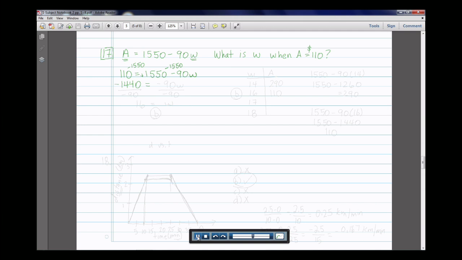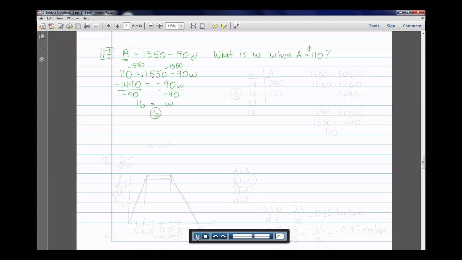Now this side is gone, so you get minus 90W. The minus 90 is connected to the W through multiplication, so you have to divide both sides by minus 90, and minus 1440 divided by minus 90 gives you 16 equals W. So the answer is B.